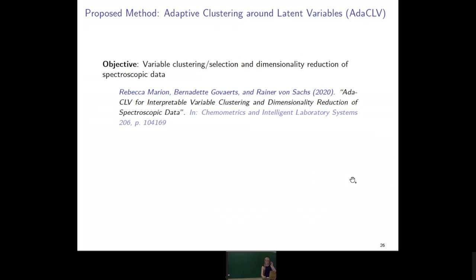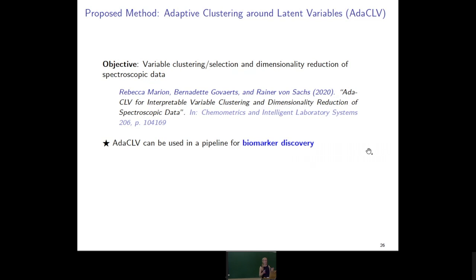So that was a method we called adaptive clustering around latent variables, or ADA-CLV. The objective was variable clustering, selection, and dimensionality reduction all in one, which can be applied to spectroscopic data like NMR data. This is a publication that we did on that method.